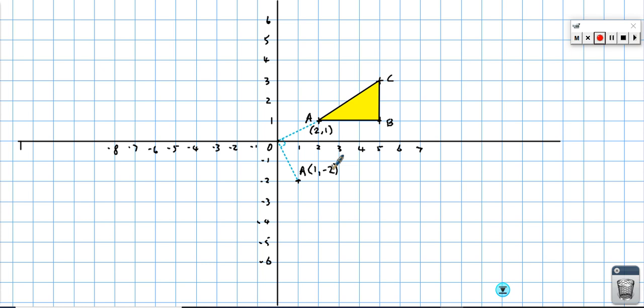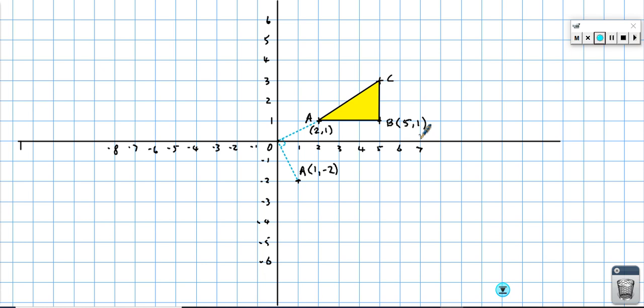If one sees what's happening here, the x and y coordinates have been swapped, and also the y-coordinate now from positive became negative. So if we consider point B having coordinate 5, 1, if the same thing happens, we'll see that B will become 1, -5.